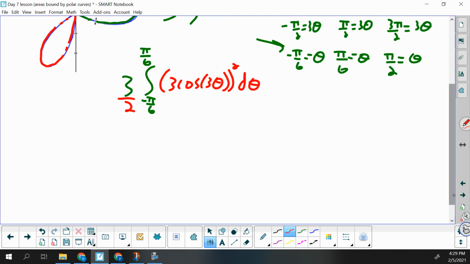Well, if we square this, 3 squared is 9. So I'm going to put that out front and make it 27 over 2. And then we'll have cos squared of 3 theta d theta.